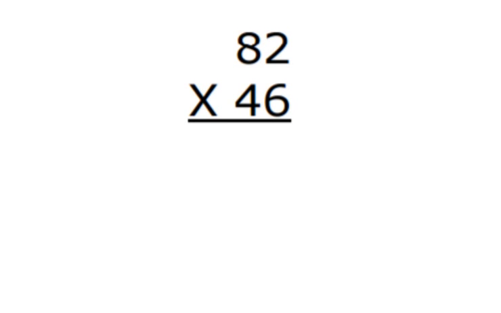Today I'm going to model how to multiply a two-digit number by a two-digit number using place value concepts. So when you're multiplying a two-digit number by a two-digit number, or 3 by 3 or 3 by 2, you must first begin in the ones place.